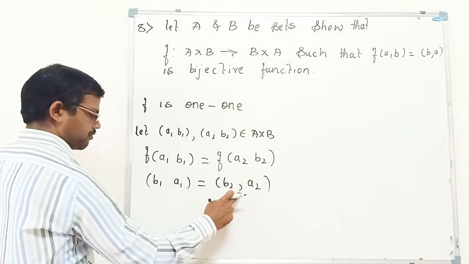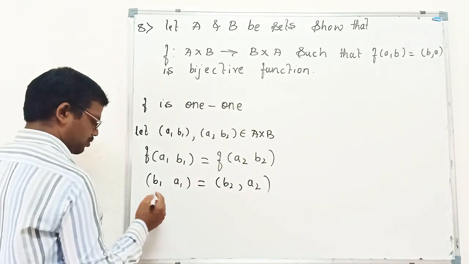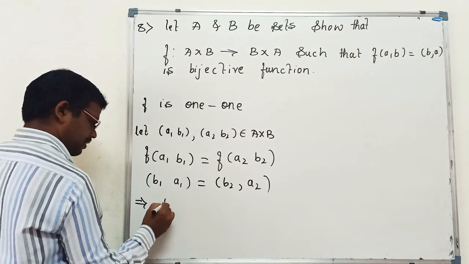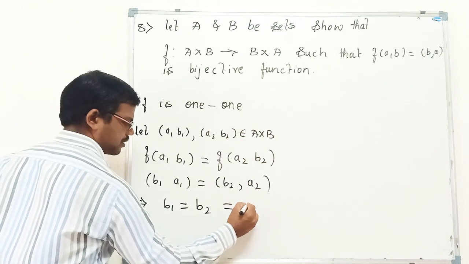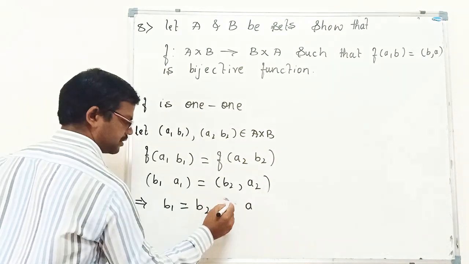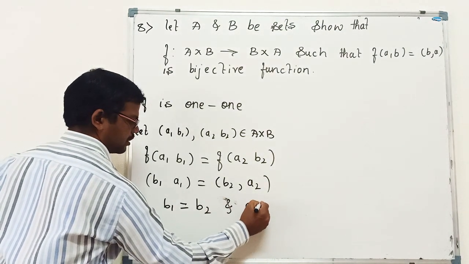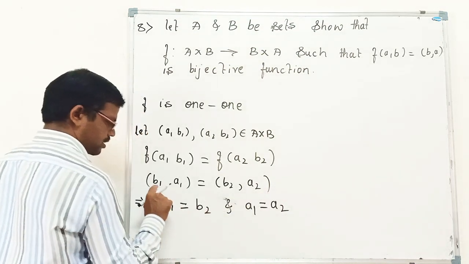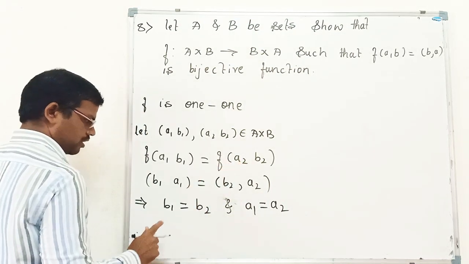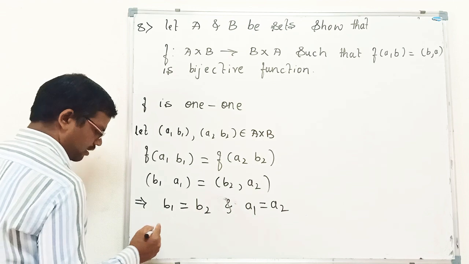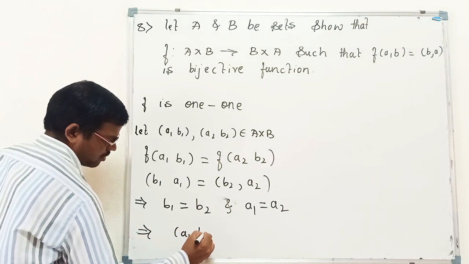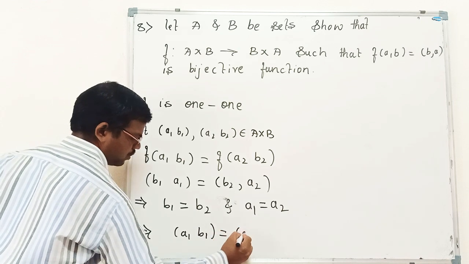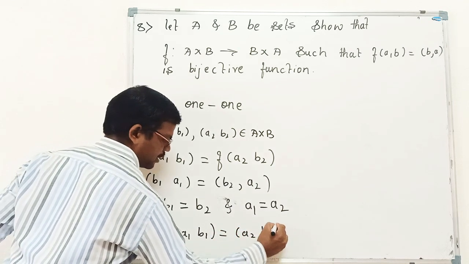These two pairs are equal, so automatically their corresponding elements are equal: b1 equals b2 and a1 equals a2. Hence (a1, b1) equals (a2, b2).